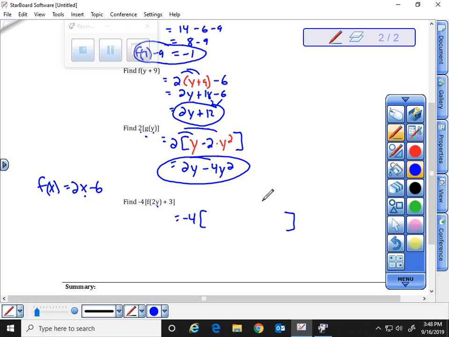So it's going to be 2 times 2y minus 6, and then we still have the plus 3. Simplifying that is negative 4y minus 3, and then distribute the negative 4 throughout.